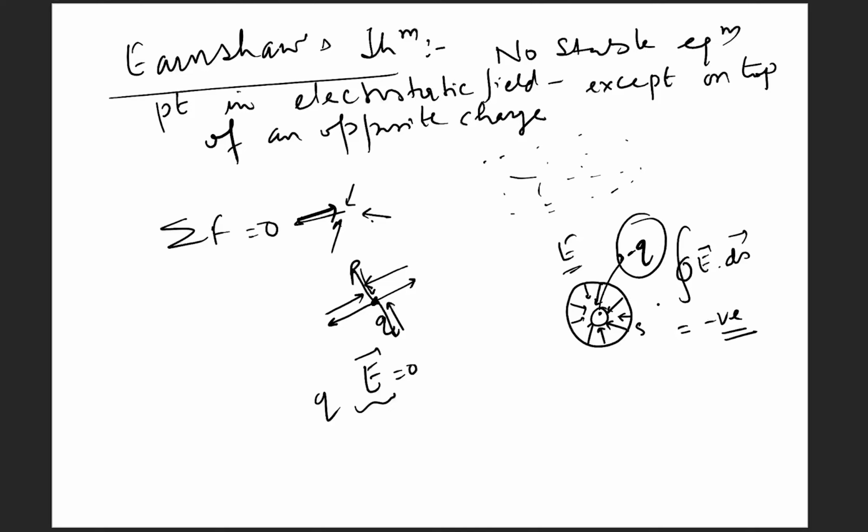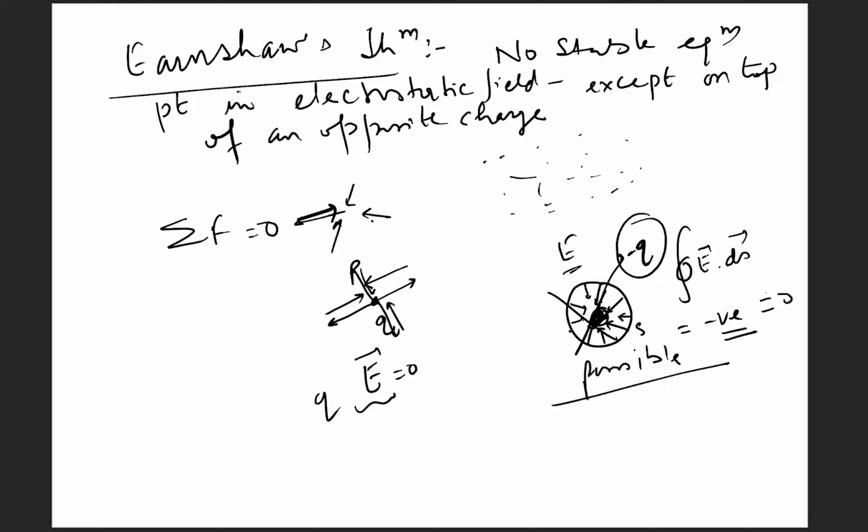Otherwise, if it is free space and there is no charge, then it will be equal to 0, and this scenario cannot be possible. So in a sense, we have proved that in an electrostatic field there cannot be a stable equilibrium point except on top of an opposite charge. So this is the theorem.